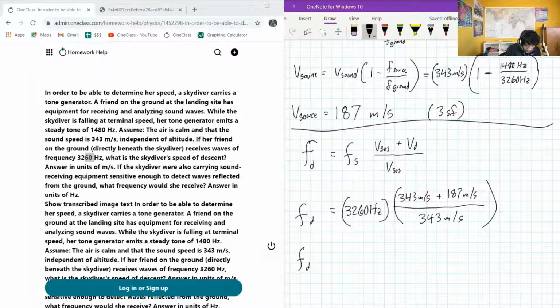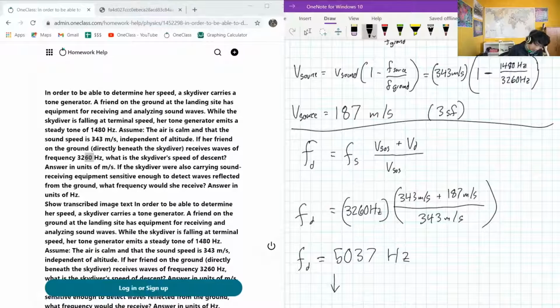So 343 plus 187, times 3260. And my result for this calculation is 5,037 hertz.